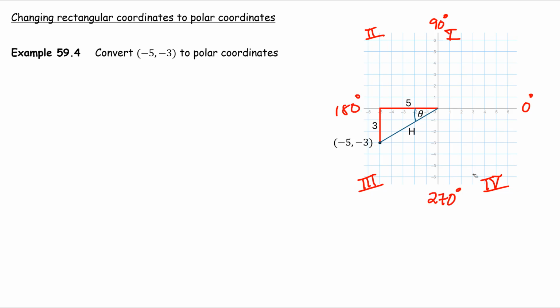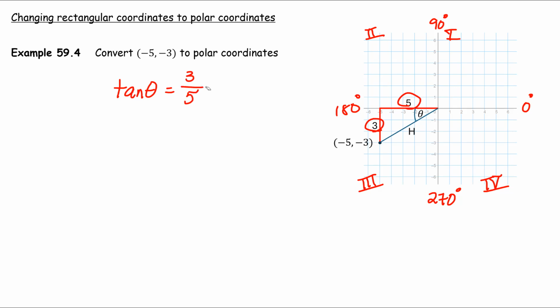So if I am in the third quadrant, this angle from 0 is going to be somewhere between 180 and 270. To find theta, we're going to need to use tangent because we have the opposite side to theta, which is 3, and we have the adjacent side to theta, which is 5. So tangent of theta is equal to opposite over adjacent.